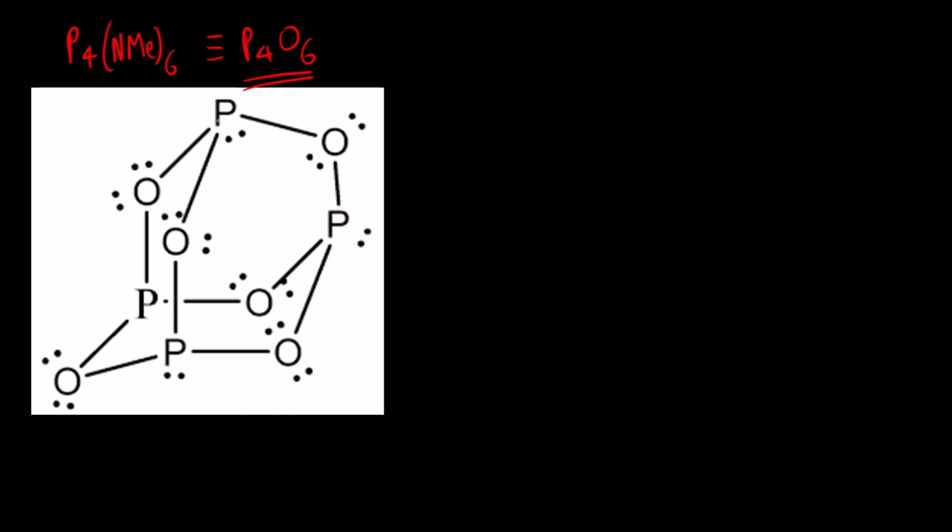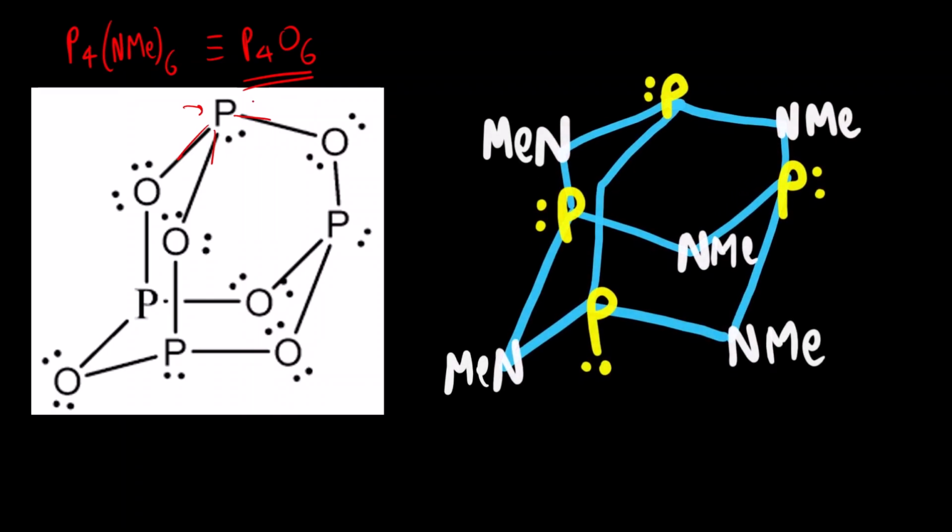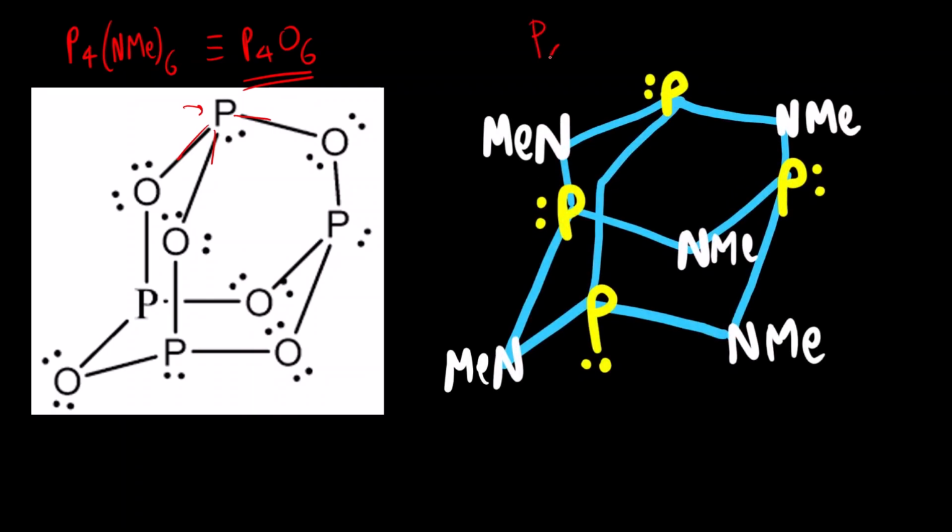The atom that is attached to 3 other atoms, that will be phosphorus. So this is the structure of P4, meaning there are 4 phosphorus that I have drawn in yellow color, and then there are 6 NMe groups. Instead of oxygen, there are 6 nitrogen groups.